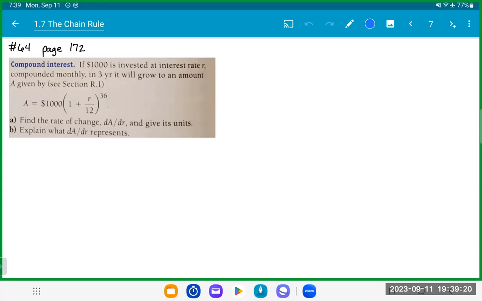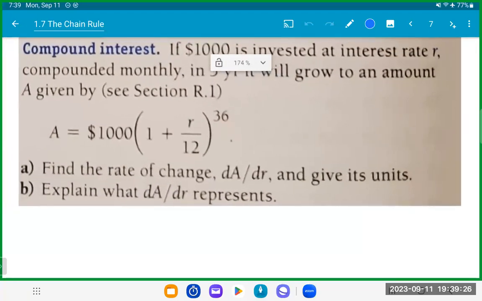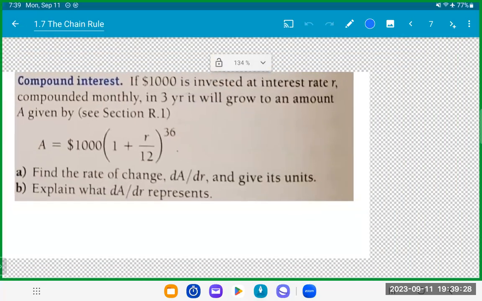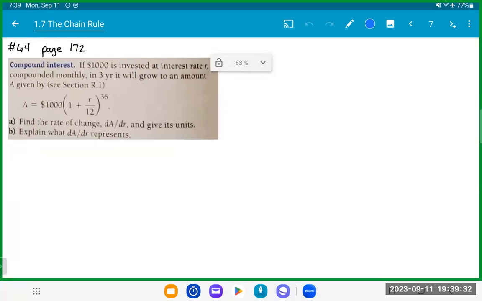Okay. So remember, rate of change is the derivative, right? And so we want to do that here and be able to explain what it is that that's telling us, right?